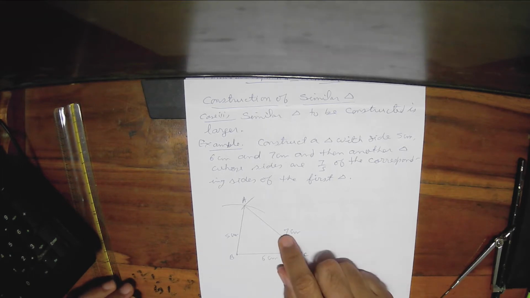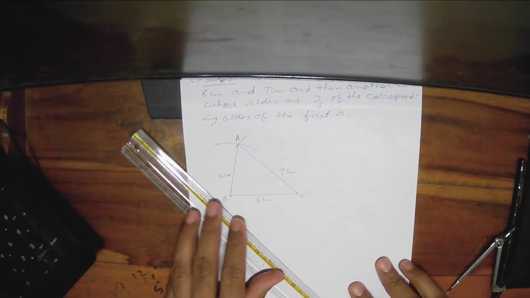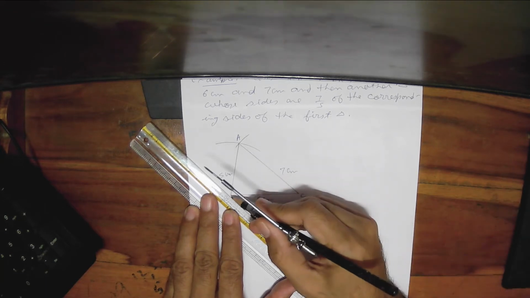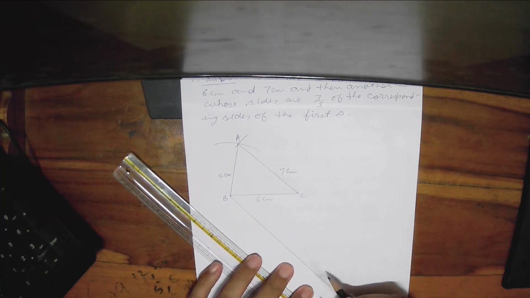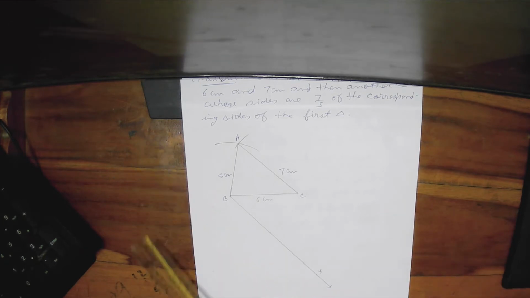So what you have to do now is draw acute angle CBX. From here we will draw an acute angle. You can mark X somewhere here, and so this is acute angle CBX.